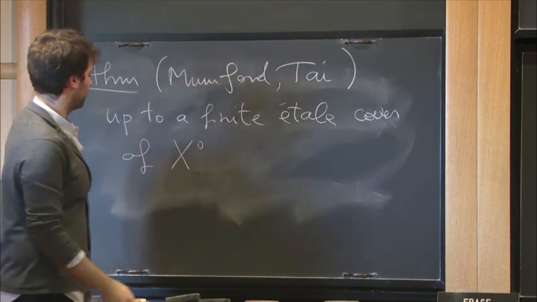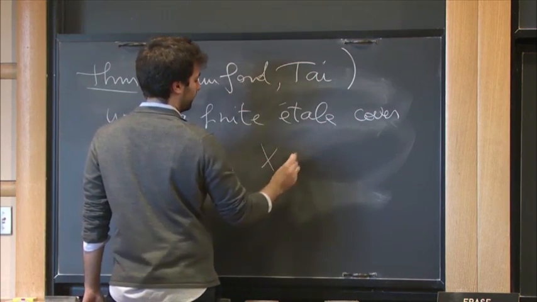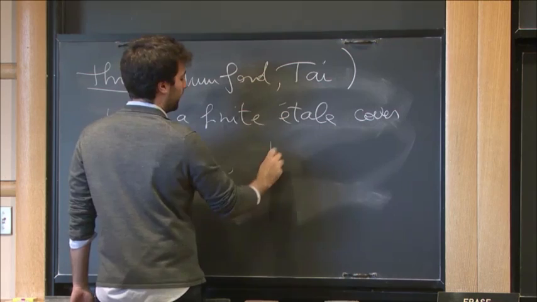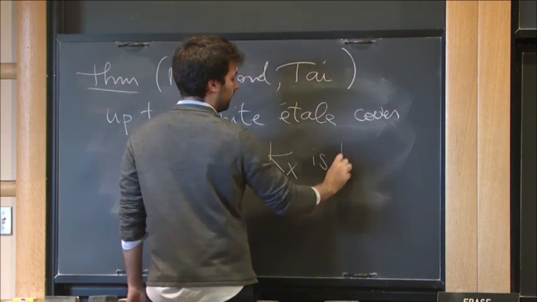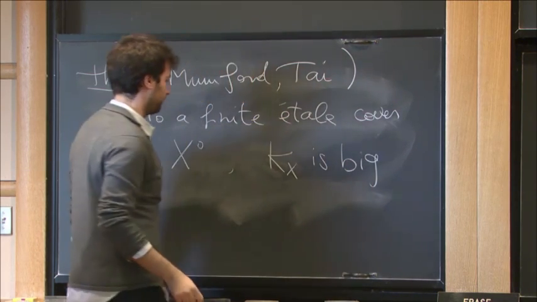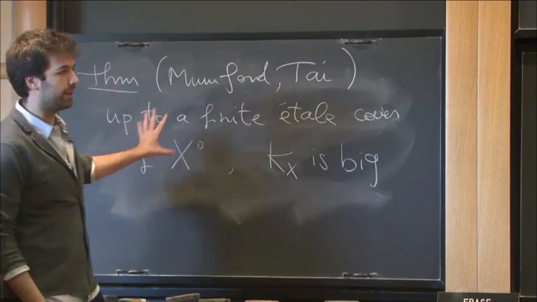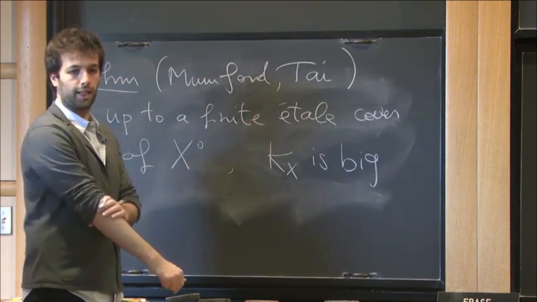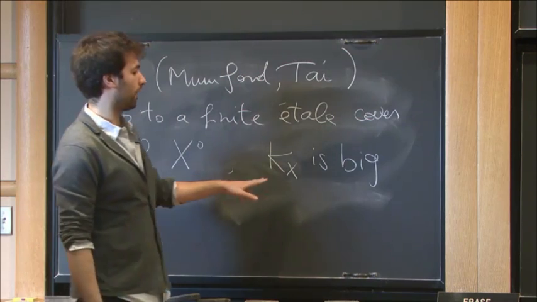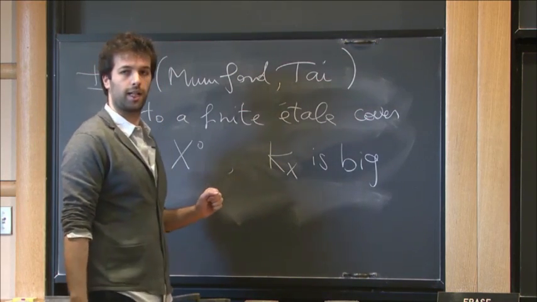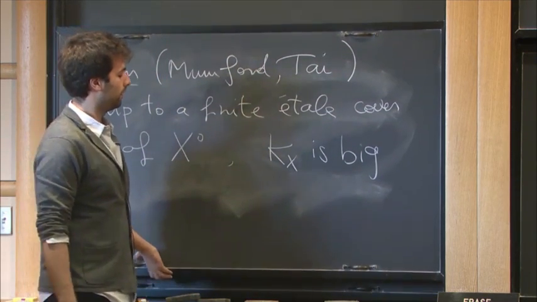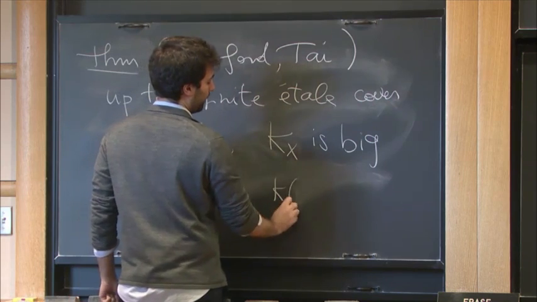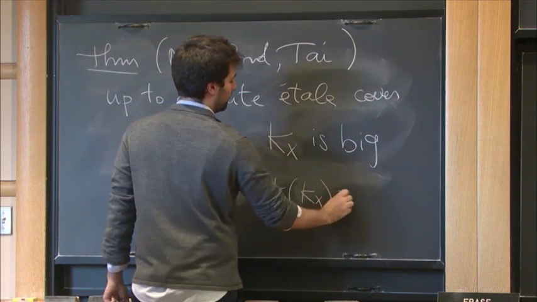So let's say Kx is big. This again means that I take an étale cover of X naught and then I compactify the new variety that I get. And over there, the toroidal compactification has big canonical class. And this is just saying that the Kodaira dimension of Kx is maximal.